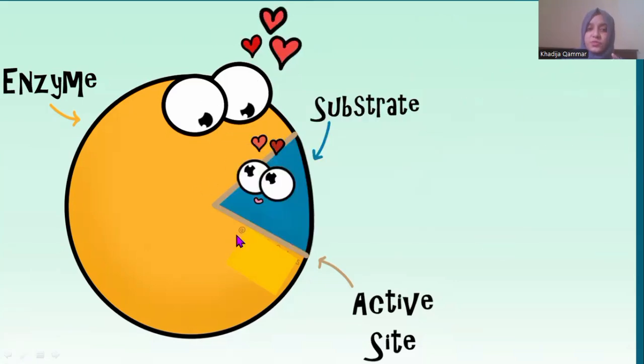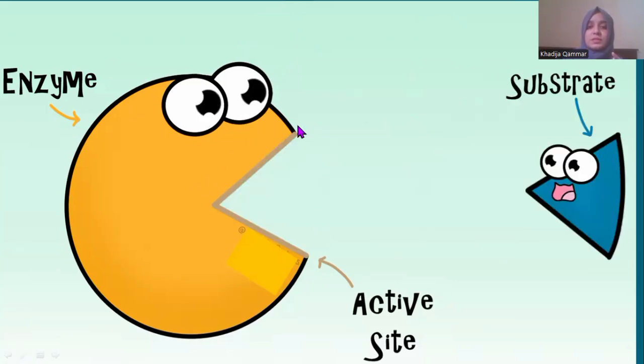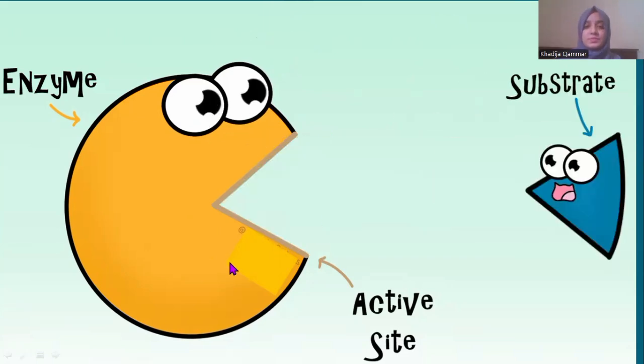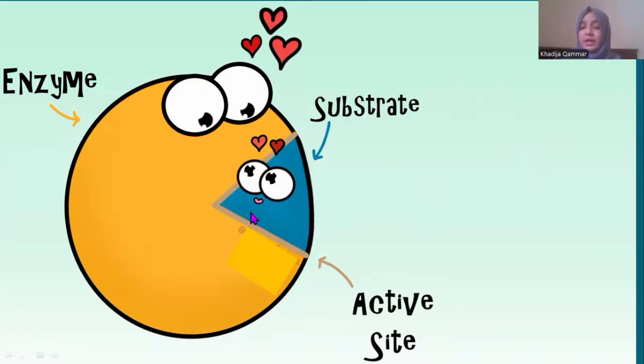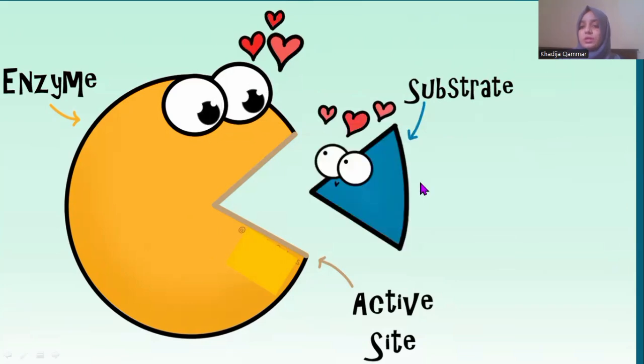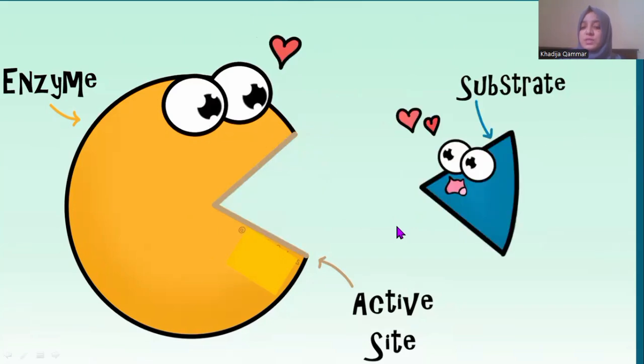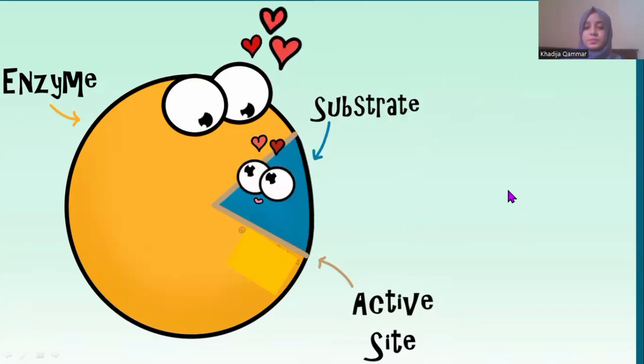Because of this specific shape, the active site allows the substrate to bind with it. The molecule that binds with it is called the substrate. Look, this is the substrate.